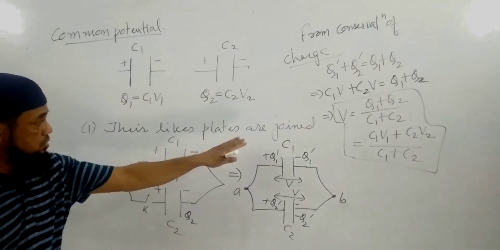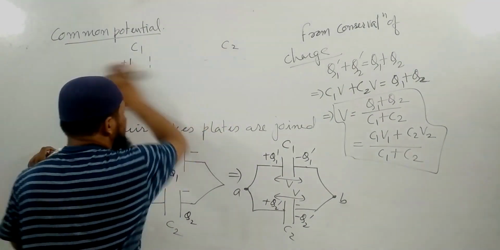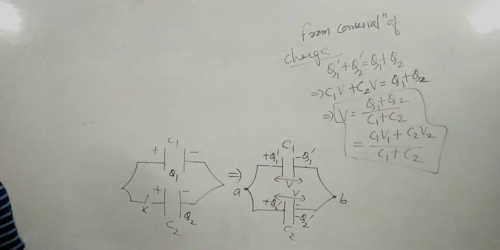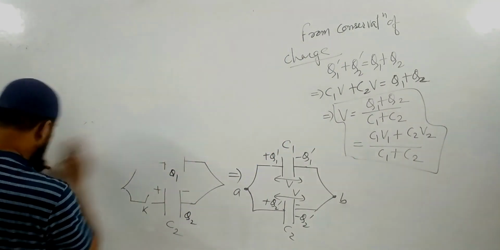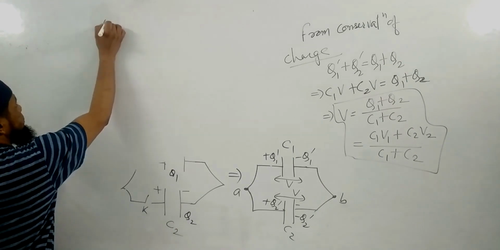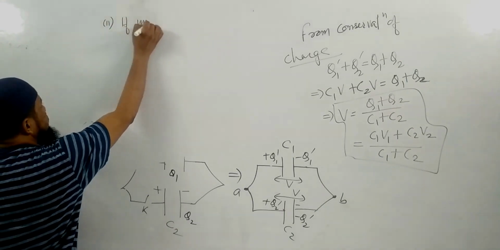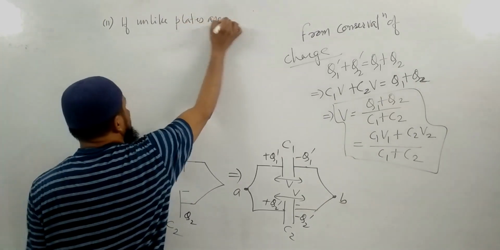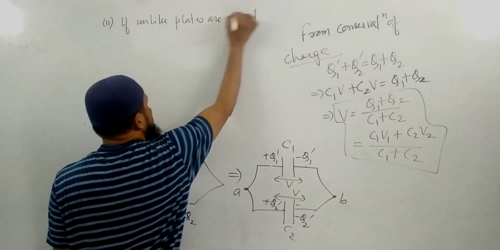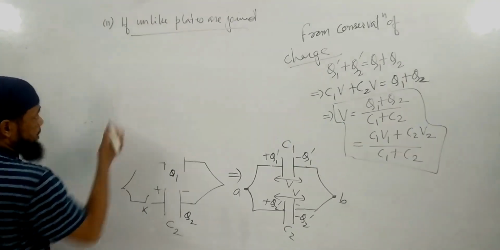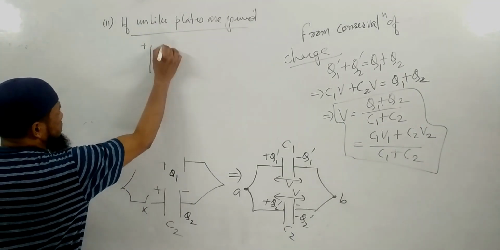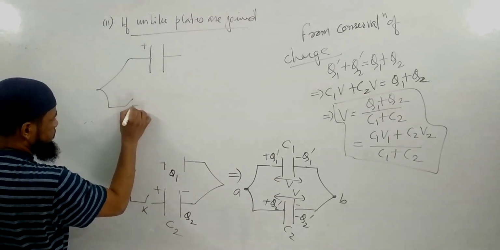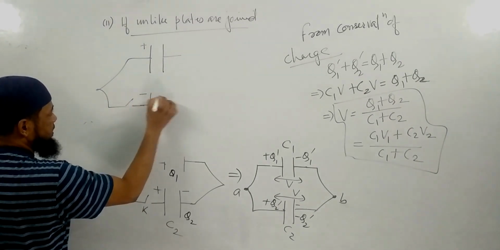Their like plates are joined. What will happen if their unlike plates are joined? The second case is where their unlike plates are joined. If unlike plates are joined, that means the positive of one will have to be connected with the negative of the second.